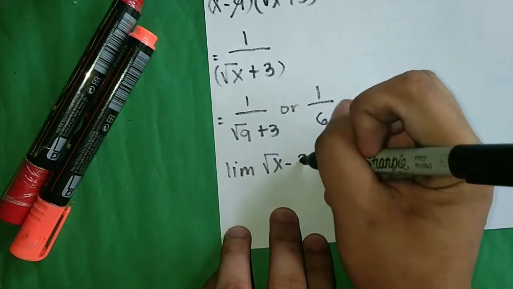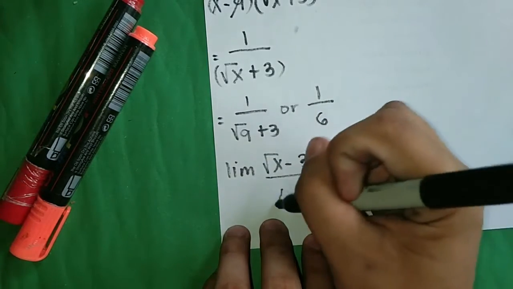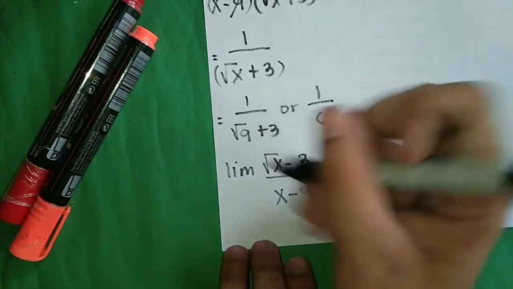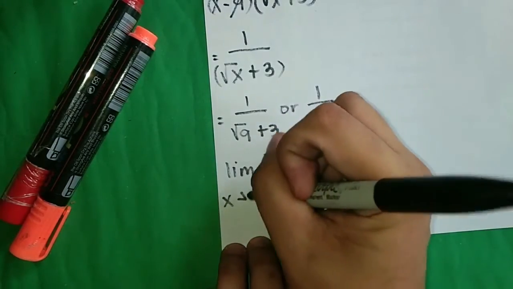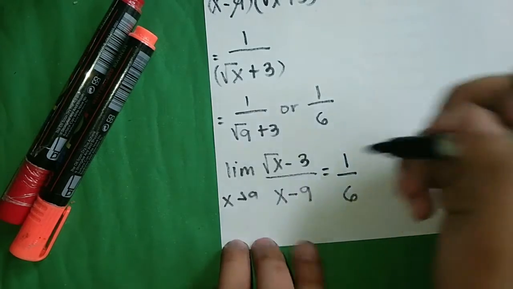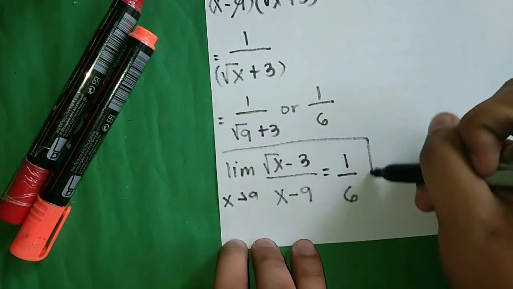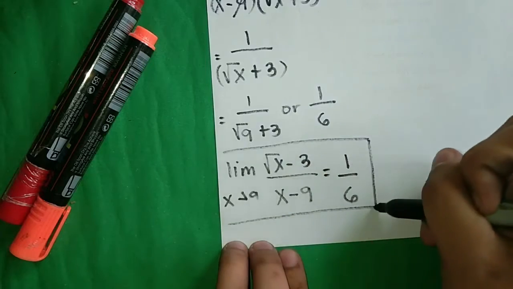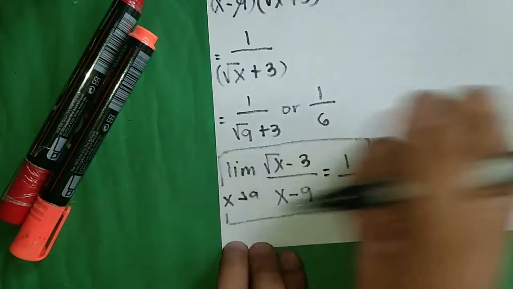Then, we substitute the square root of x with the square root of 9, because that was in the example. When we solve it, the answer is going to be 1 over 6.